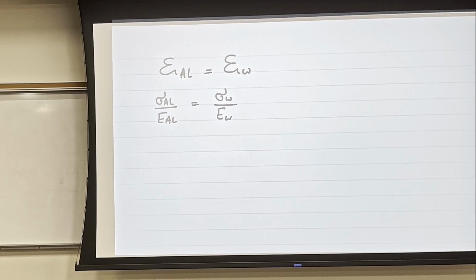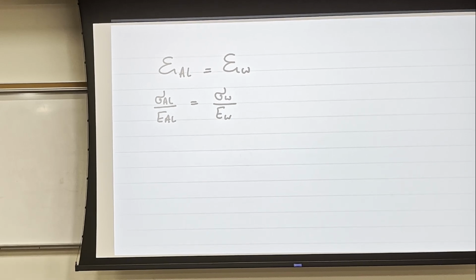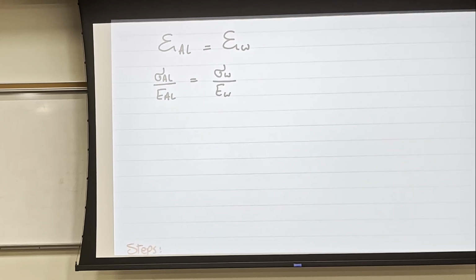So let me put the E's on one side, which is modulus of elasticity on one side, and the stresses on the other side. I'm going to move the aluminum here, E aluminum, and take the wood down. So I have E aluminum over E wood equal to the stress of aluminum over the stress of wood.